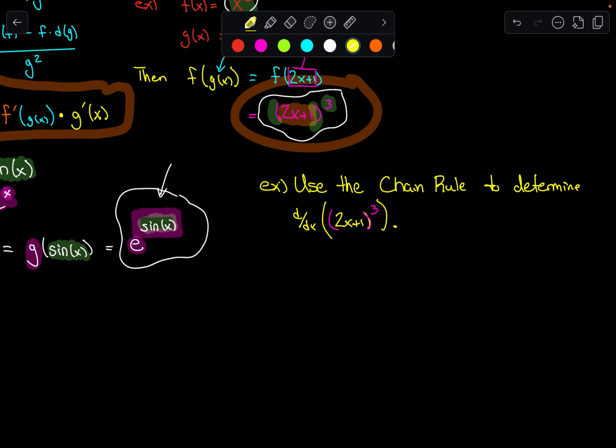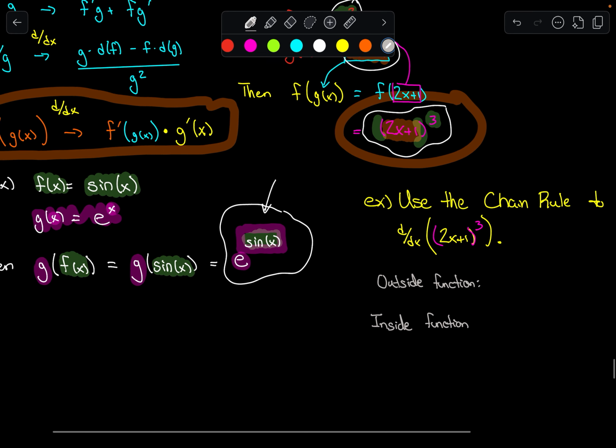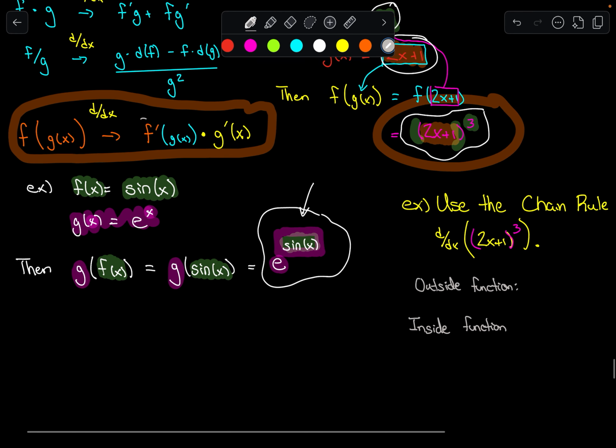The very first thing that we notice is that we have the composition of two functions. And so what we're going to need to identify is what I'm going to call the outside function, and what is going to be our inside function. Because the chain rule, if we go back over here to the formula, is the derivative of the outside function times the derivative of the inside function.